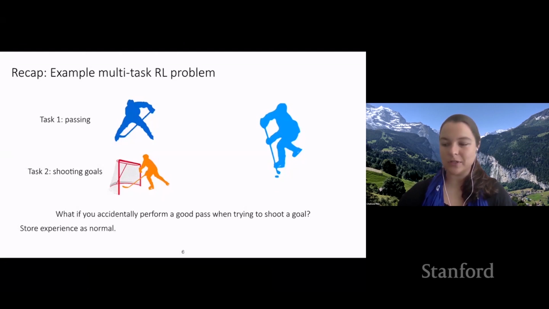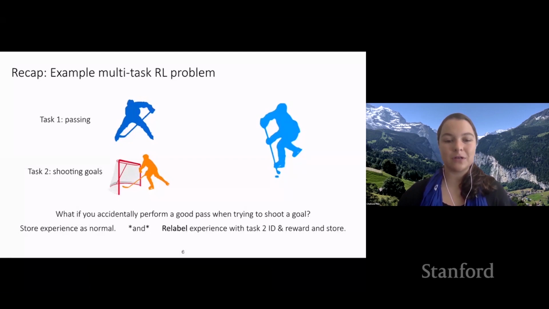To do this, you can store your experience as normal, but also relabel your experience with the ID of task 1, for example, if you're originally trying to do task 2.